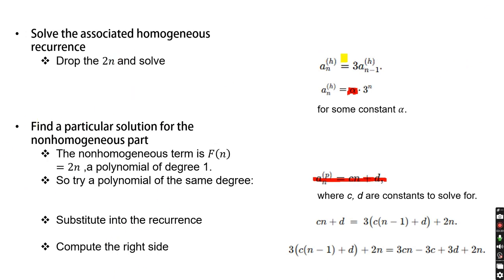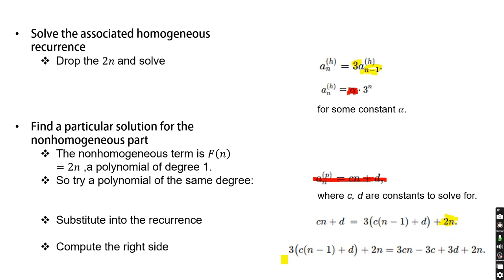So we will substitute into the recurrence: Cn plus D is equal to 3 times C times (n minus 1) plus D, plus our 2n, which is our F(n).